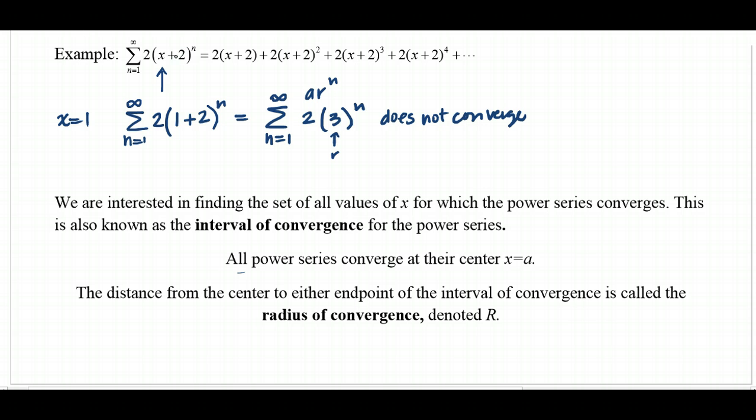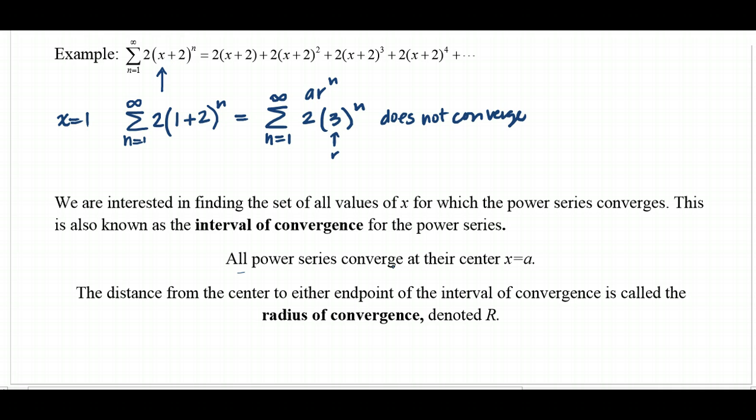So in this case, this series is centered at -2. If I were to substitute -2 into this power series, because remember the general formula is c sub n (x minus a), so my a value is -2, that would make the inside part 0. 2 times 0 is 0, so I can add up 0 infinitely many times and get out 0.